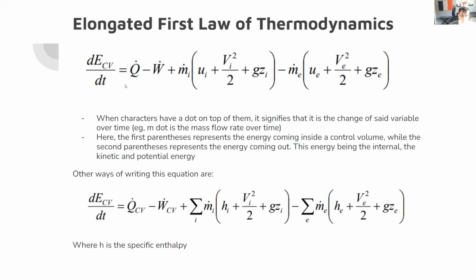With the first law of thermodynamics, if you decompose delta E a little more, you can recognize that this is the specific internal energy, this is the kinetic energy, and this is the potential energy. You see this equation has dots over the terms. That means they're rates, so they're properties that we're studying over a course of time.